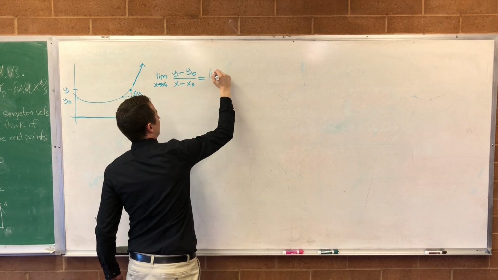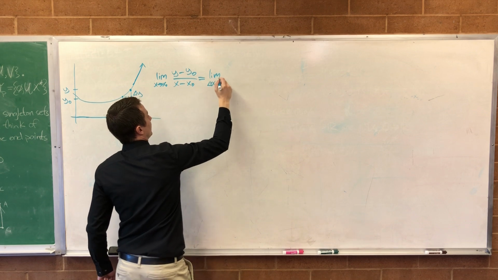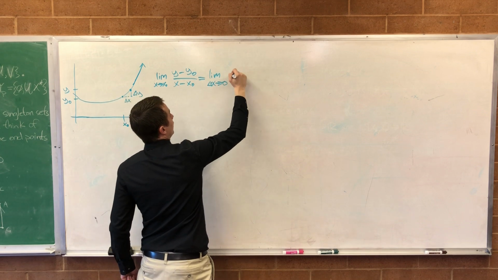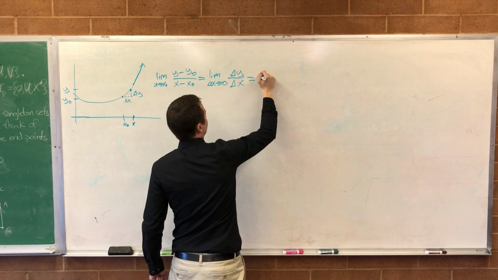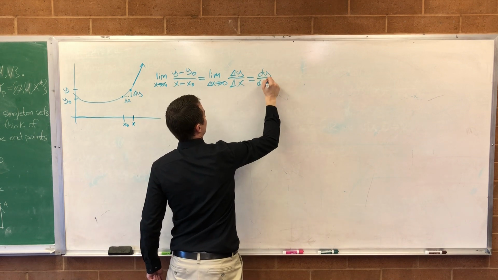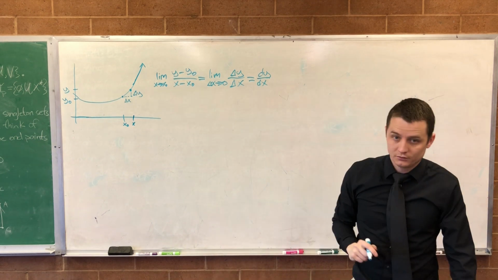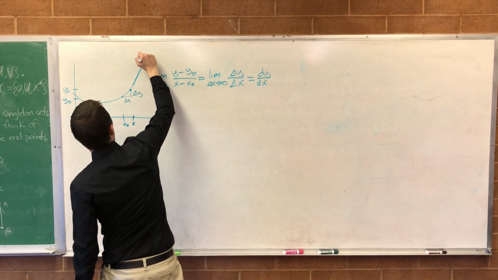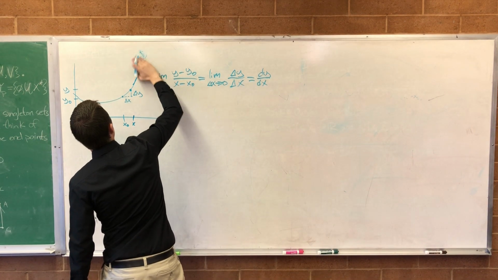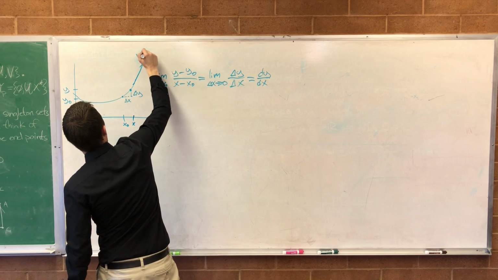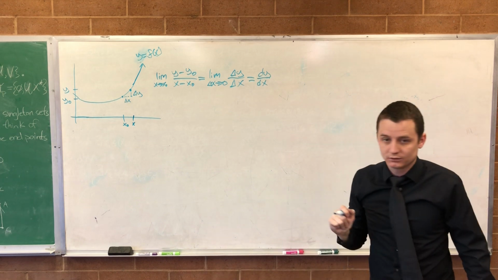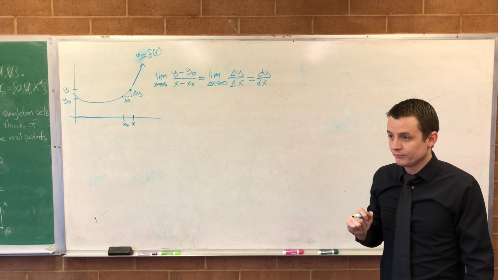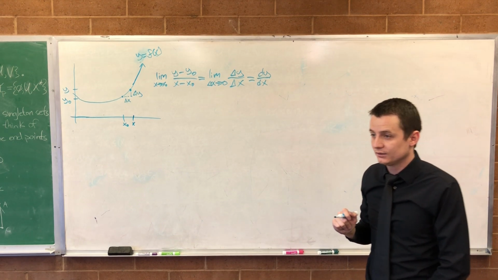This is the same thing as the limit as delta x approaches 0 of delta y over delta x, which we're going to use the symbol dy dx to denote, where y is equal to f of x in general. Y is the height of the function. You're used to writing y equals f of x. So y is typically some function in terms of x. Make sense?